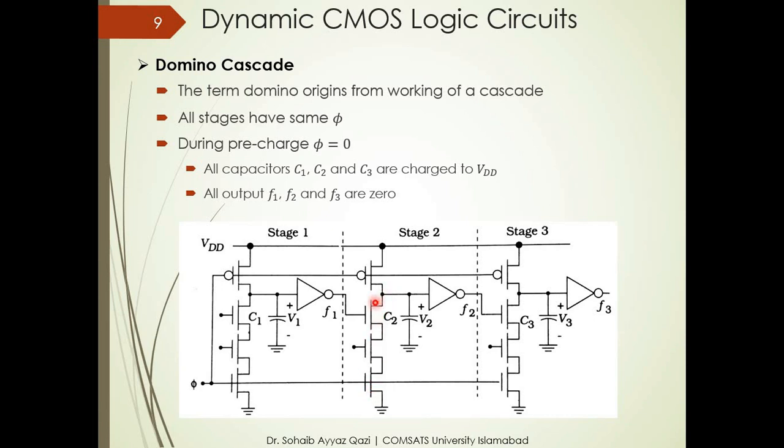So if this goes to 0, the current starts dropping from this path, and the output will go to VDD. If this is 1, it means this is now conducting, and this stage can also go to 0, and the output F3 can go to 1.